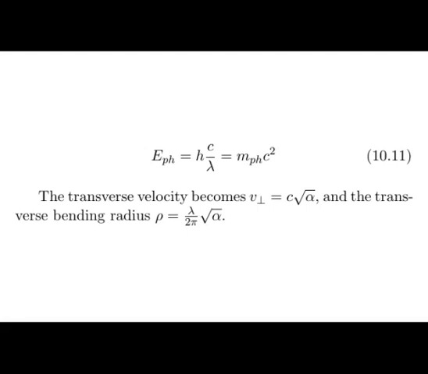It's straightforward. Transverse velocity, that is the velocity of the spiral of the photon around its main trajectory, again you get the square root of alpha, the fine structure constant, times c for the velocity, and times the wavelength for the radius of the spiral. So this is quite simple, straightforward, no problem.